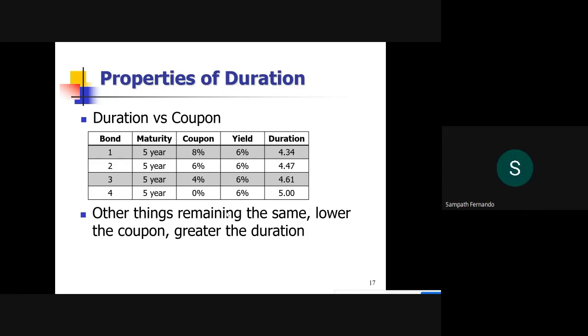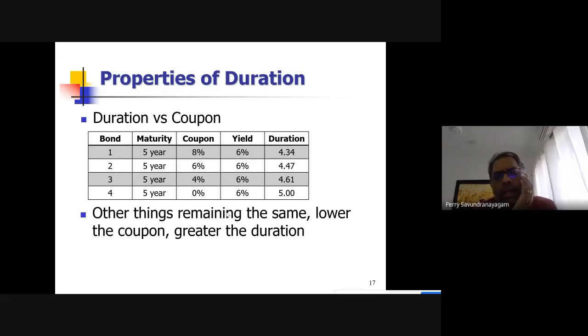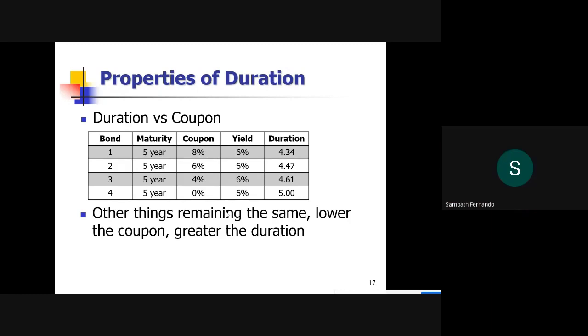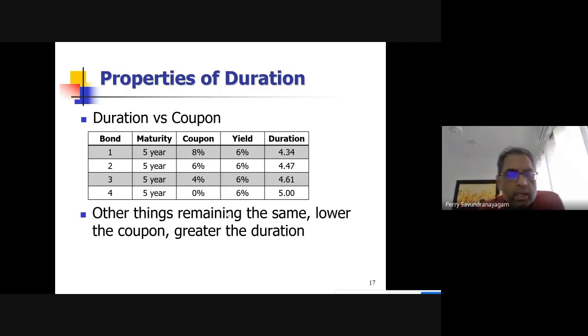Okay, sir. Another thing, you mentioned earlier about 1% change in 15%, something like that. I didn't understand. No, so for example, if you're on a 5-year bond, the yield changes 1%.